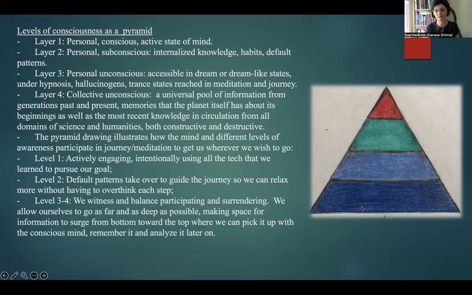Layer 4, dark blue, indigo blue. This is the collective unconscious. So this is a universal, collective pool of information from generations past and present, memories that the planet itself has about its beginnings, as well as the most recent knowledge in circulation from all domains of science and humanities, both constructive and destructive. So information, thought, knowledge, this is information.